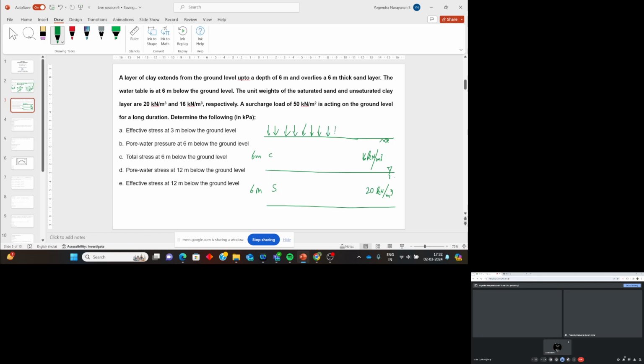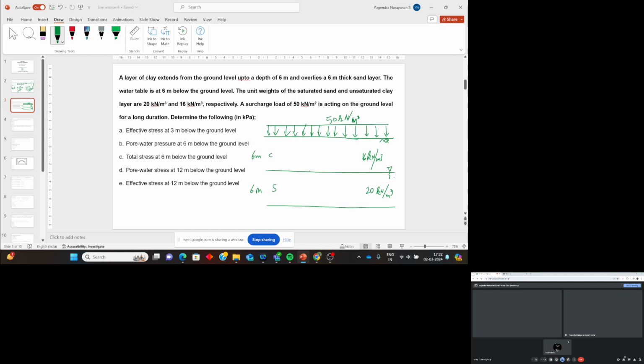So it is similar to that, uniformly distributed load. That is known as surcharge. Okay, sir. So it is a constant surcharge of 15 kilonewton per meter square or kilopascal acting on the ground level.